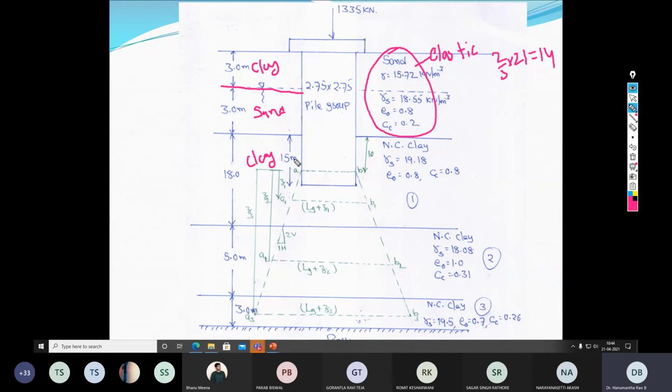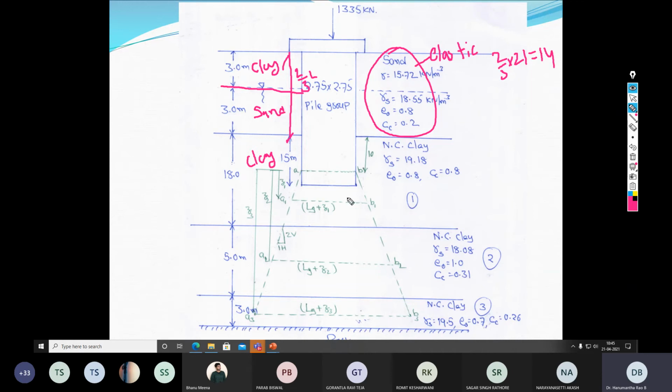But my advice is, you try to calculate for both the cases, whichever is giving the highest settlement, you take that as a reference. In a sense, first you take the case 1 where the 2/3 is from the top. Calculate the elastic settlement for the remaining layers.